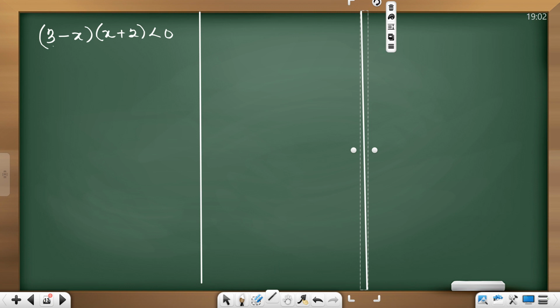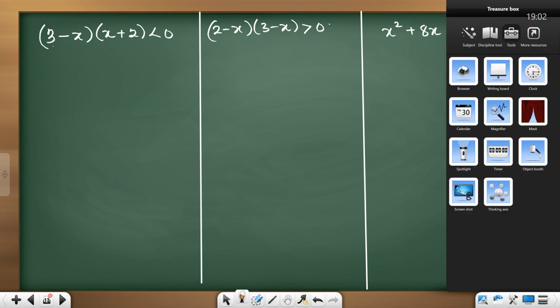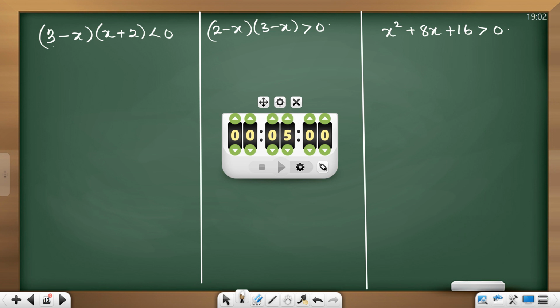Please start working. 2 minus x, 3 minus x, greater than 0. And x squared plus 8x plus 16 greater than 0. Three questions, 6 minutes. Because you're not factorizing, I've factorized for you already, so 6 minutes should do.